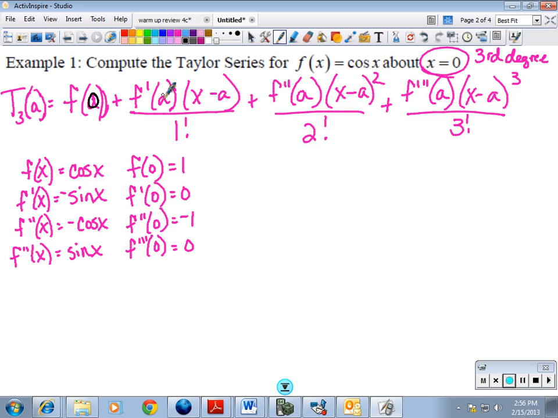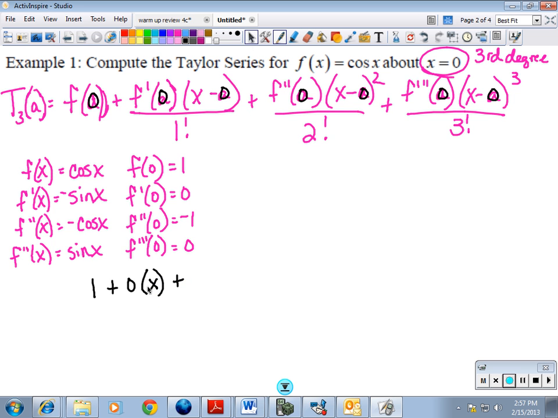So f of 0 is 1 plus f prime of 0 is 0 times x minus 0 over 1. So that one's actually going to go away.